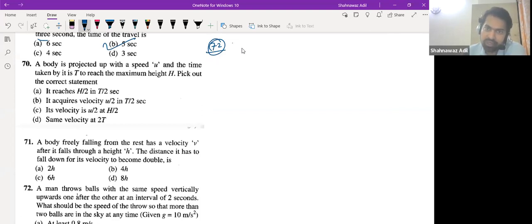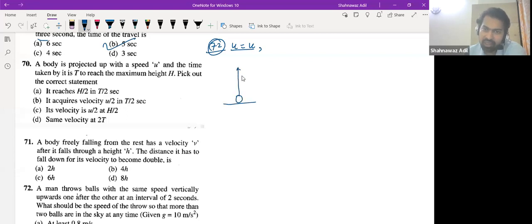So u is given. The time taken by it is t to reach the maximum height h. Remember, we are throwing the object upwards.